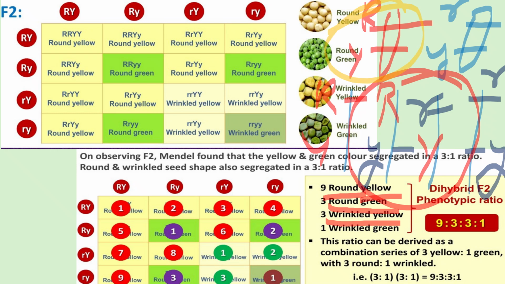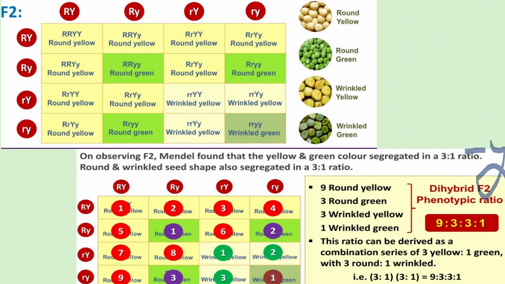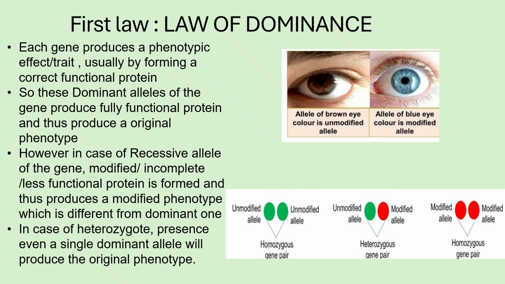So this is law of segregation. Law of segregation tells us that two genes which were initially together on one chromosome, if they are little apart from each other, they can form new combinations in the next generation.